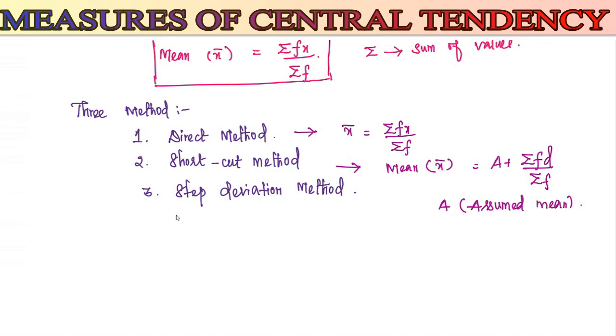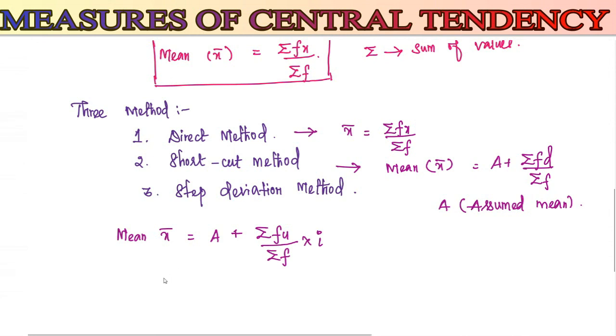And the third method, the formula for mean is x bar is equal to a plus sigma fu divided by sigma f into i.